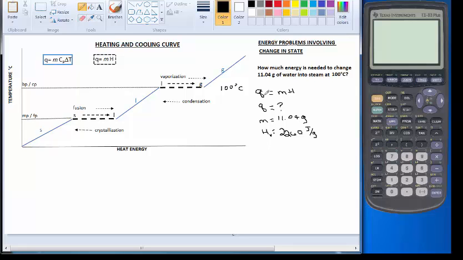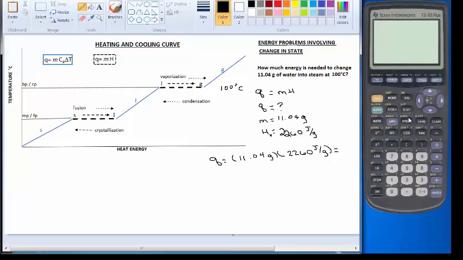Now that we know what equation we are using and the information that we have given to us in our problem, we can answer the question. Q is equal to 11.04 grams times 2,260 joules per gram.